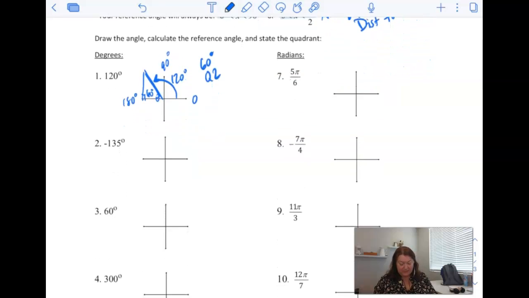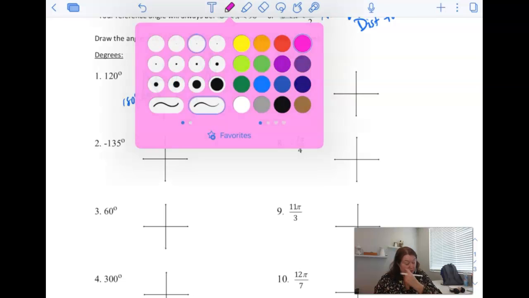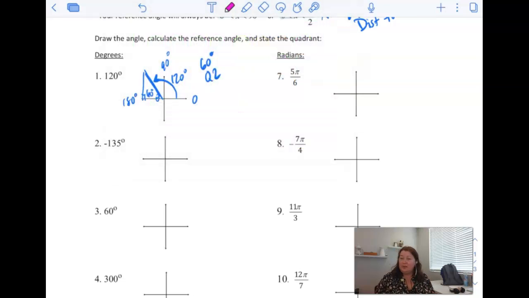All right, let's try that again with number 2. In number 2, we have negative 135. That's totally okay. We're still going to just go wherever negative 135 is. Then we're going to find the reference angle. How far is it to the nearest x-axis? So if this is 0 and I go this way, and this is negative 180, and this is negative 90, then 135 is going to make it past 90 and not make it to 180. It's going to be somewhere in quadrant 3.